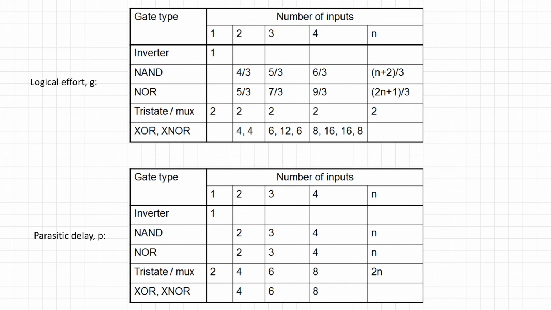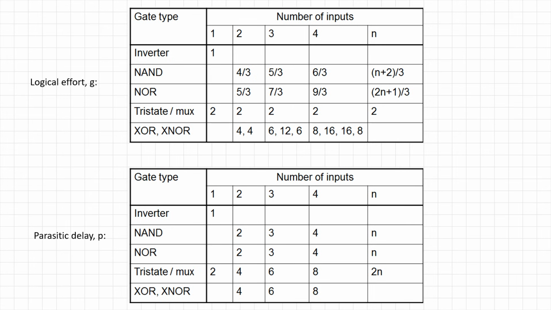Just before ending this lecture, I wanted to show you some useful tables that you may want to refer back to as you're doing more complicated multi-stage design. This will become particularly important as we get into the topics of the next lecture. These are tables, I believe 4.2 and 4.3 from the Weste and Harris book.